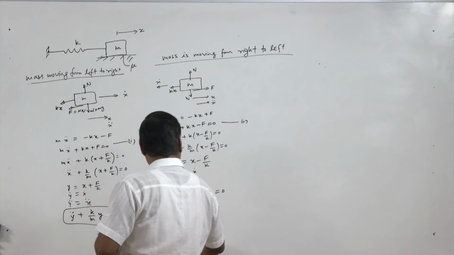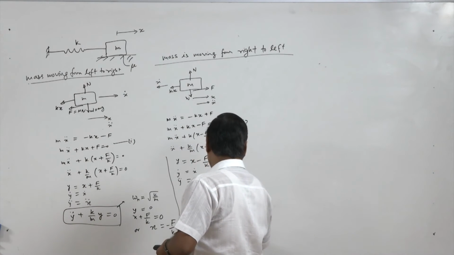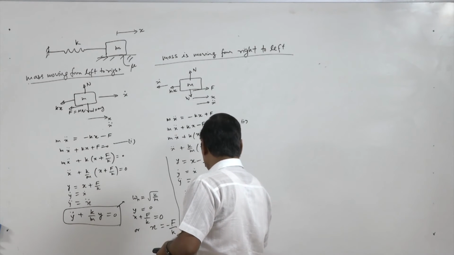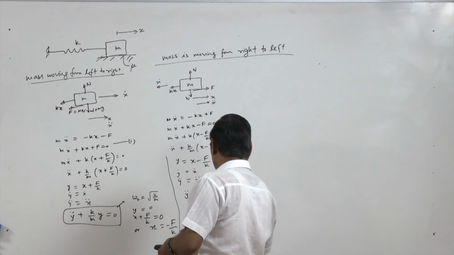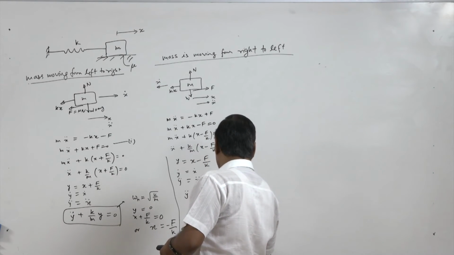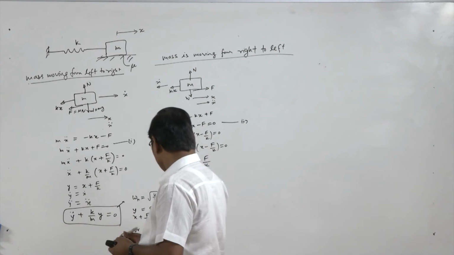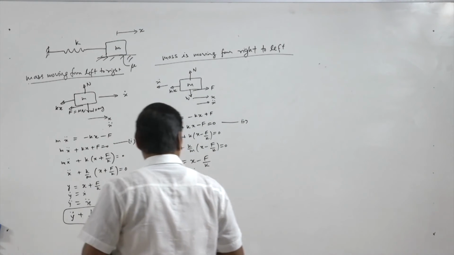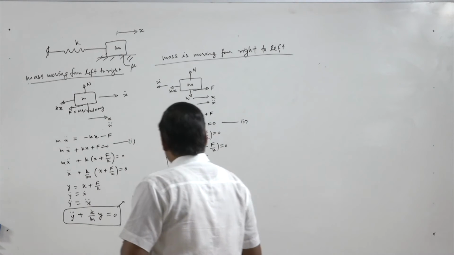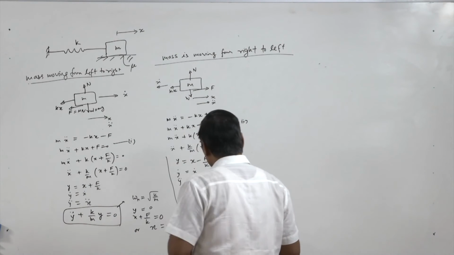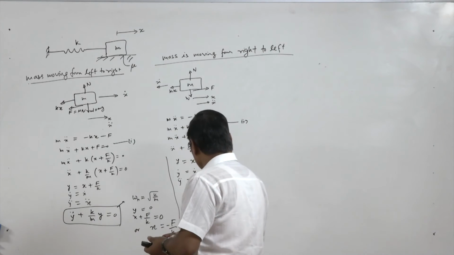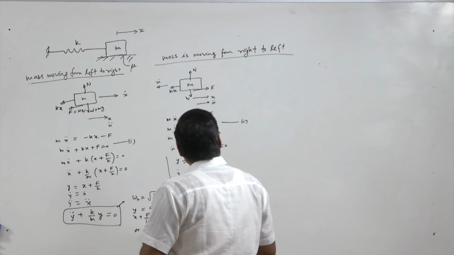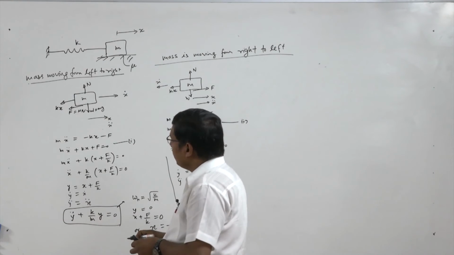From here we find that the natural frequency omega n is root k by m, but the system is vibrating about y equal to 0, that is x minus f by k equal to 0, or x equal to plus f by k. Now we can plot and see the response of the system.